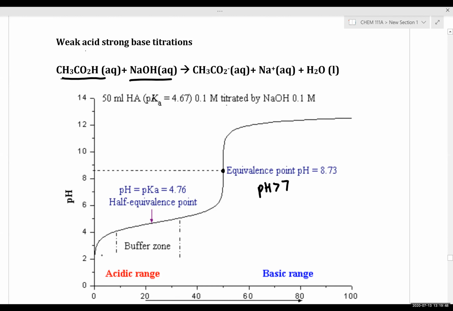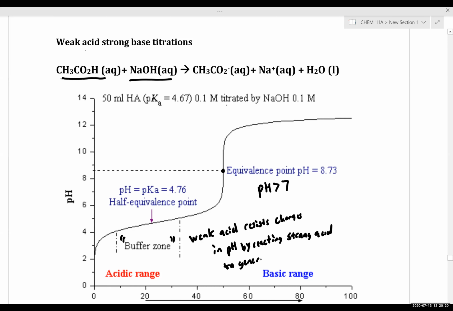You may notice that the region before the equivalence point is a lot broader, and that is known as the quote-unquote buffer zone, where the weak acid resists changes in pH by reacting the strong acid to generate a weak acid. Okay, so that's why our pH isn't changing substantially.